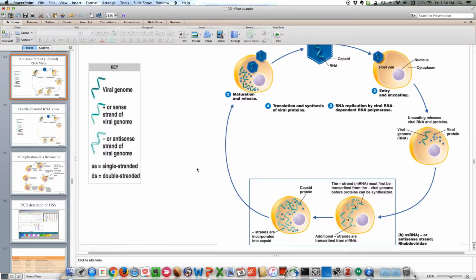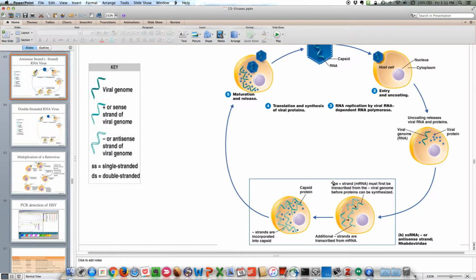And the reason why is because this viral genome, in this case, is a negative sense viral genome, and so it cannot be recognized by a ribosome and direct translation. Instead, this needs to be transcribed into a plus strand RNA in order to make any sort of proteins.